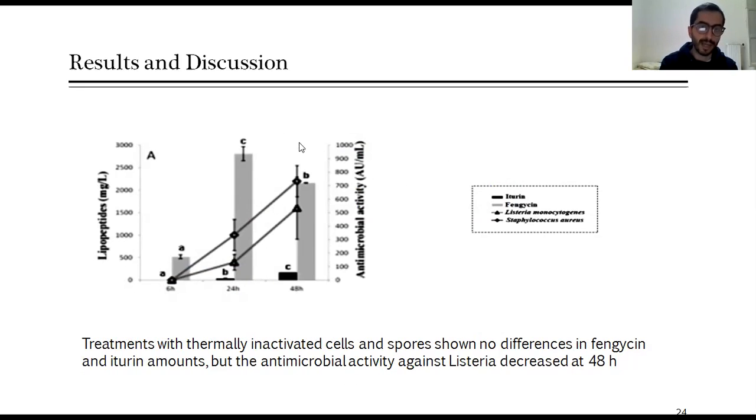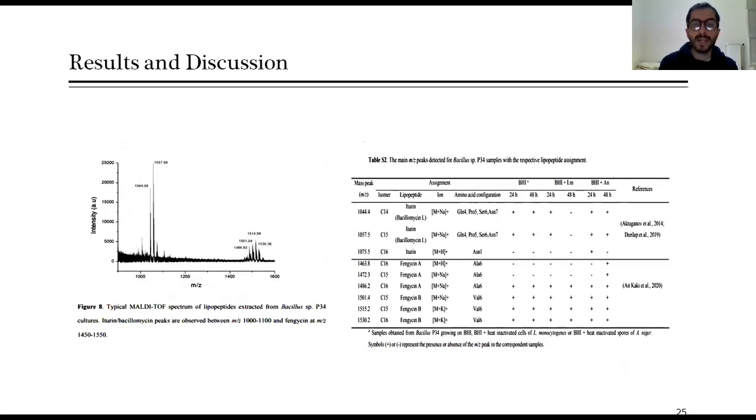And here I reported the mass analysis results, where it's possible to observe the isomers of fengycin and the iturin ones that were identified, such as bacillomycin L and fengycin A and B isomers with different fatty acid lengths.